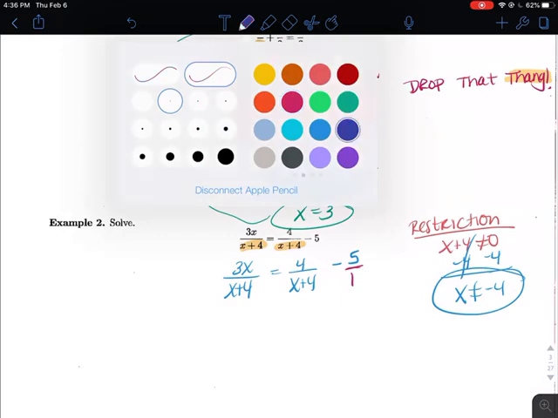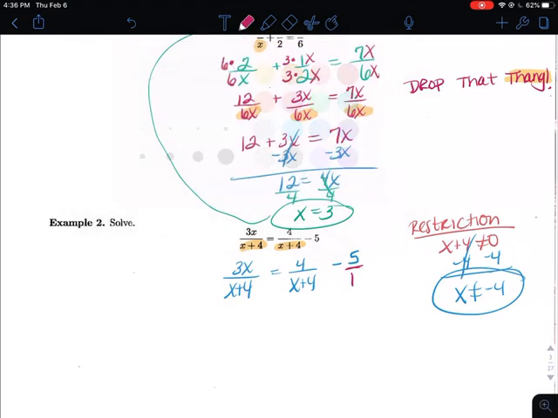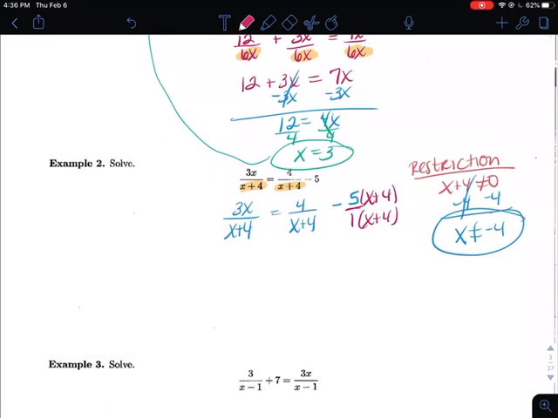And what I'm going to do is put an x plus 4 in the denominator. And if I put x plus 4 in the denominator, I have to put it in the numerator. So now that all my denominators are the same, I drop them. Drop that thing.